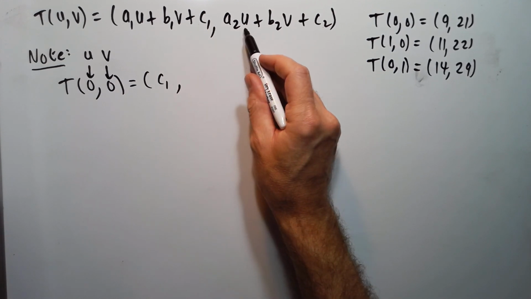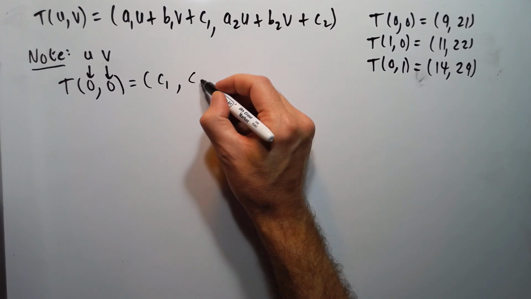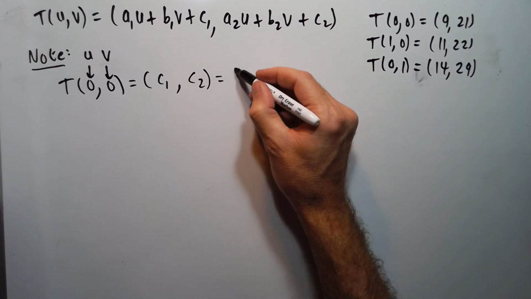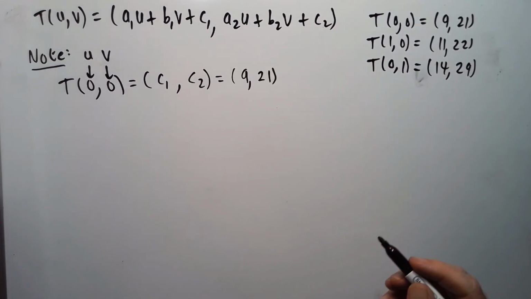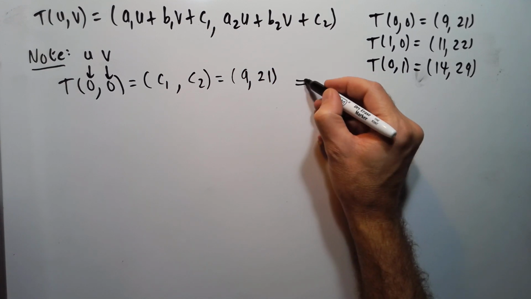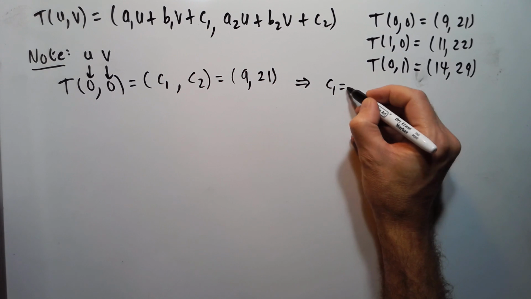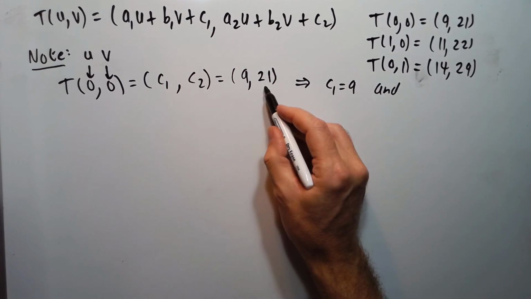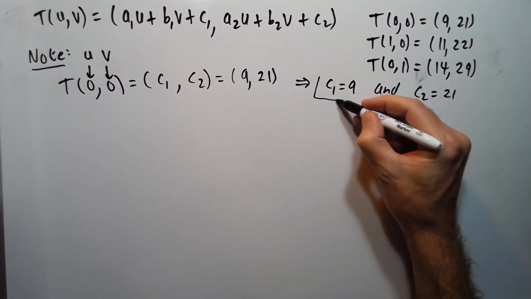Comma, then putting 0 in place of U here, gone, 0 in place of V here, gone, to just be C2. We want that to equal our (9, 21) over here. So this implies then, well, the C1 would have to equal 9, and C2 would have to equal 21. Let's box those.